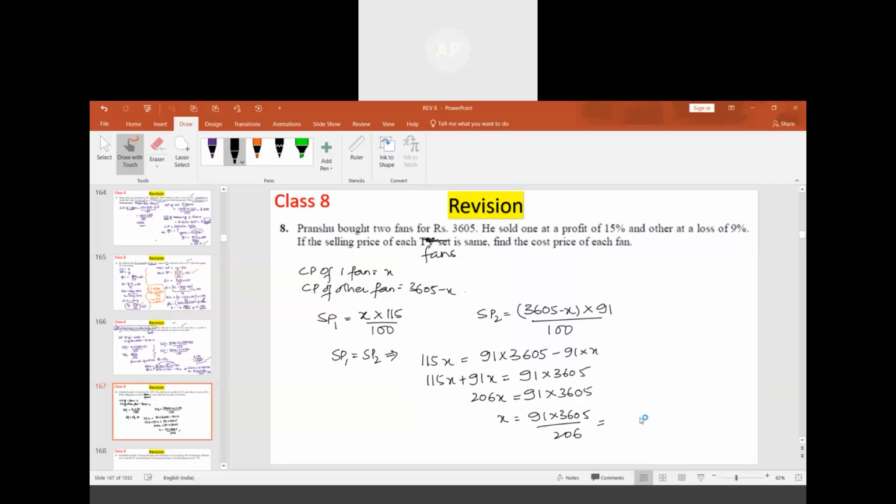Correct. After finding the value of x, this will become the CP of one fan. Then the CP of the other fan will be 3605 minus the CP of the first one. How much is this? Did anyone calculate? 1592.5.